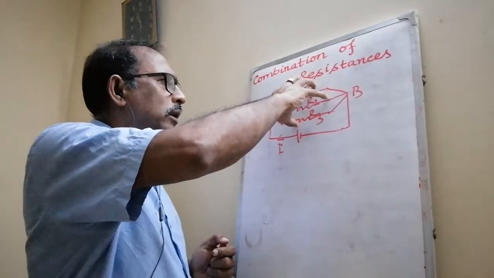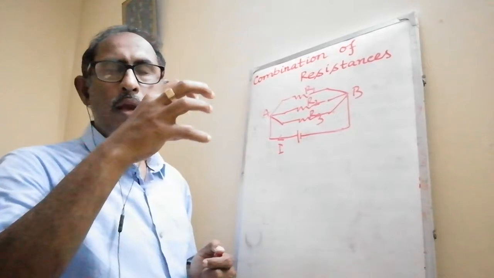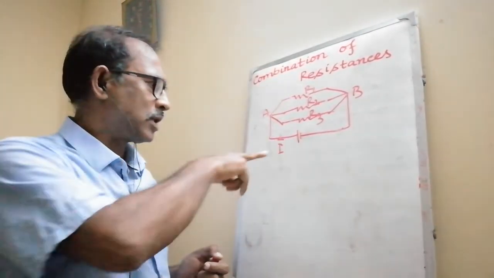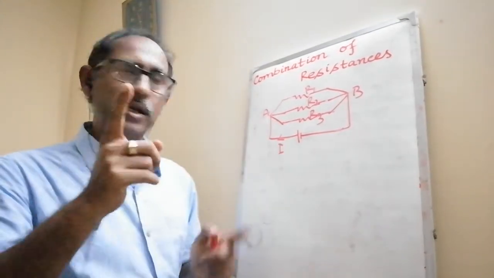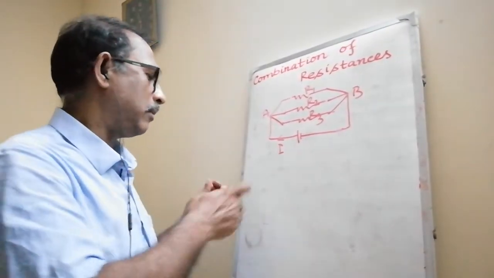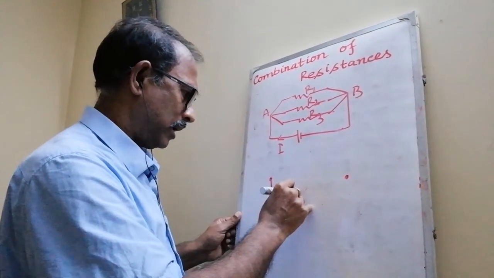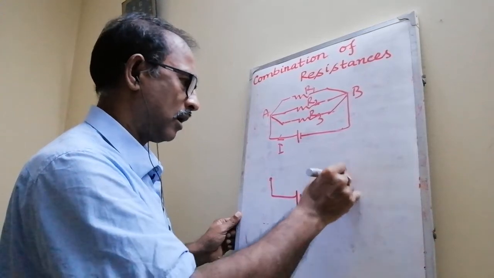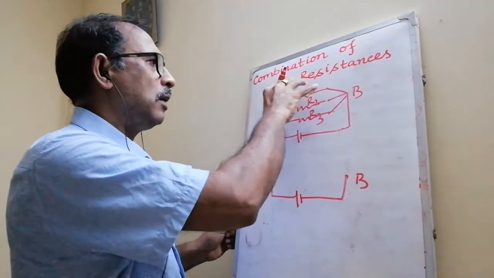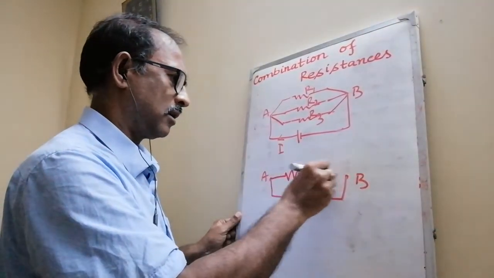Now you remove this arrangement from here and put a single resistance here in such a way that the circuit current remains unaltered, it is I. That means this is the point A, this is the point B, with that there is a cell, and within the points A and B, remove this and put a single resistance here.